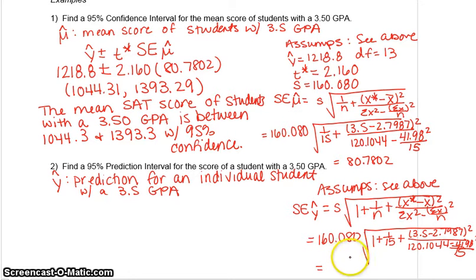And when you finish evaluating, you should get 179.3071. So you can see that it's more than twice as big as for the mean.